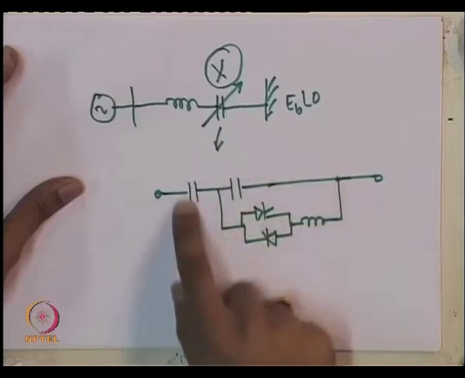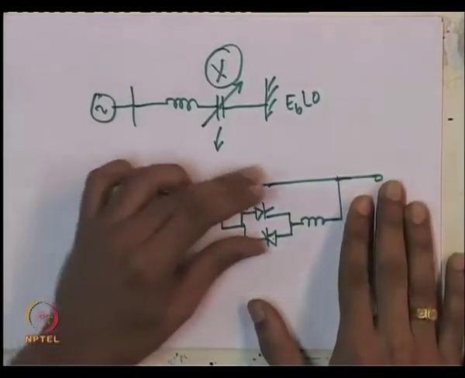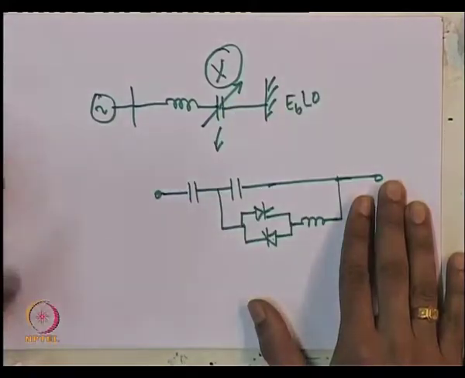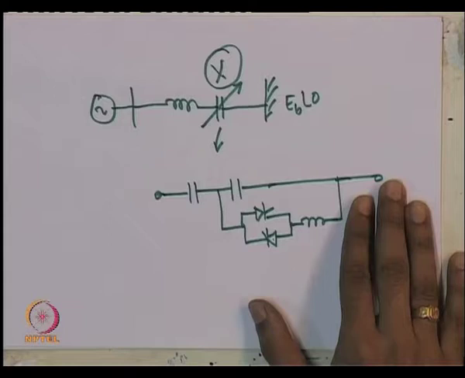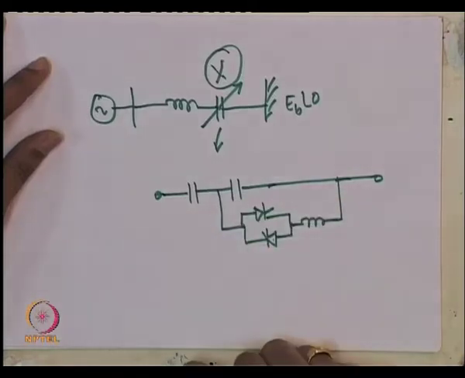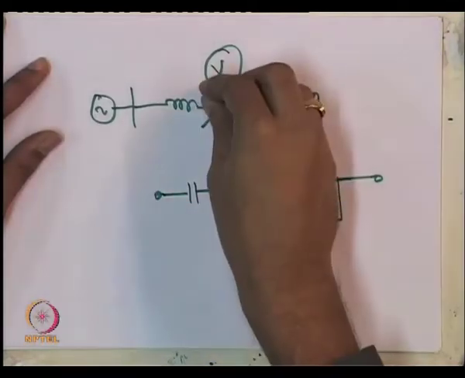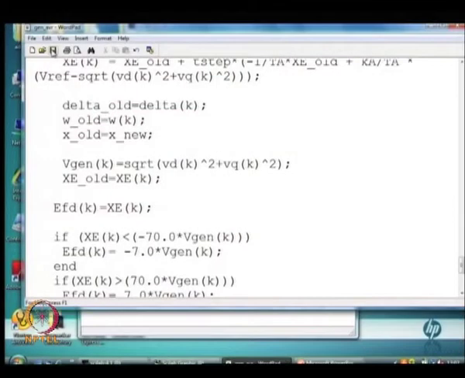There is a dynamical model of this, but remember that a power electronic device like this has a very fast response time. For the slow transients which we are studying here, you can assume that this is an instantaneously acting device. That is, if I tell it to change the effective reactance, it is instantaneously implemented. This is the assumption which I make here, which is quite reasonable because the transients we are studying are quite slow.